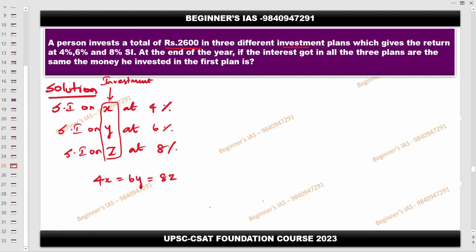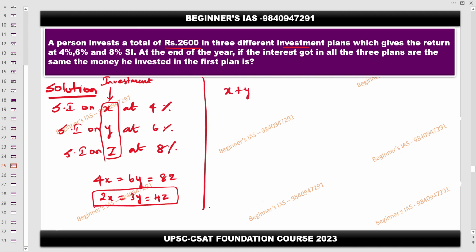So simplify this. Here 2x is equal to 3y, which is equal to 4z. After knowing this, you can convert in terms of a single equation, since x plus y plus z is equal to 2600.